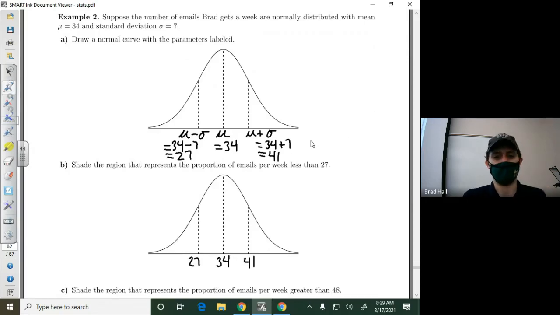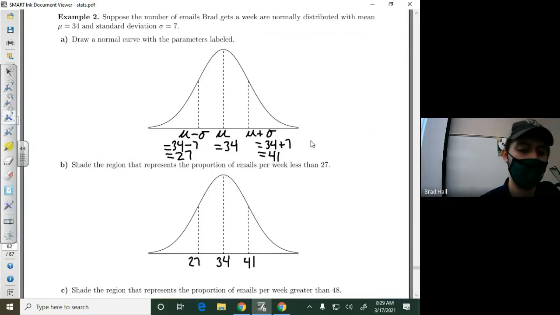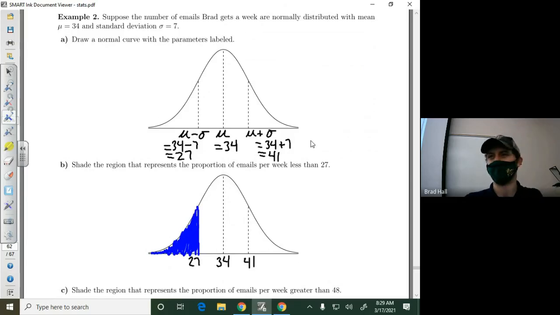And all it's asking for is shade the region that corresponds to less than 27 emails. Well, that sounds easy enough. 27's right here, so let's just shade that region because it's less than 27. And that's it for this problem.